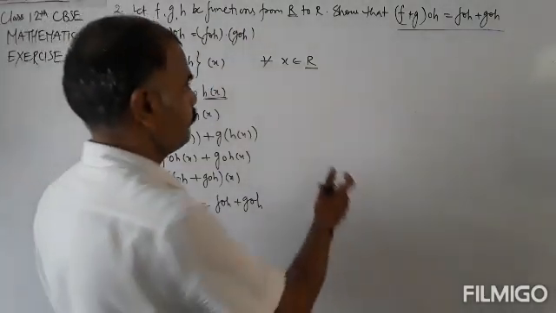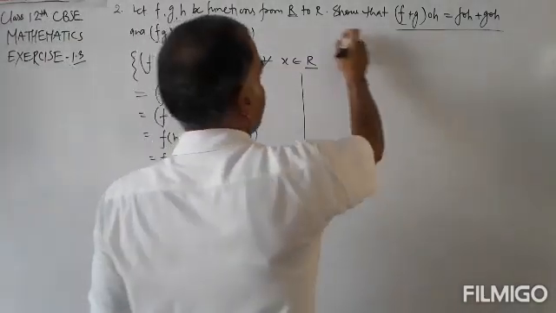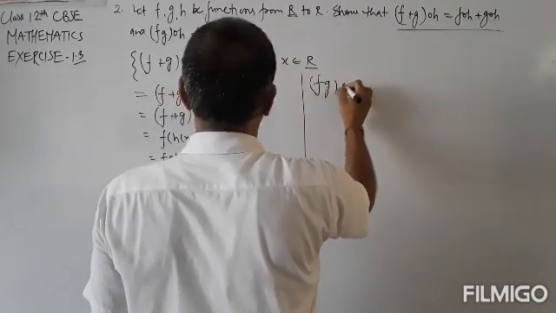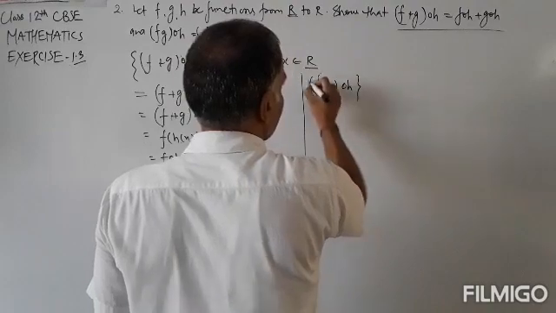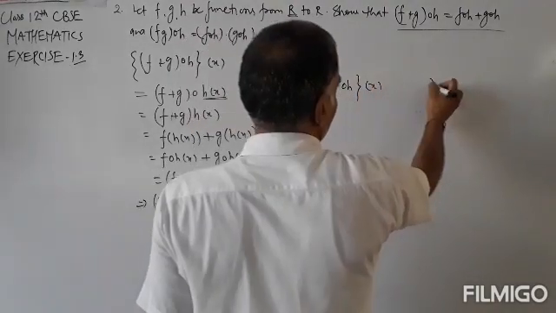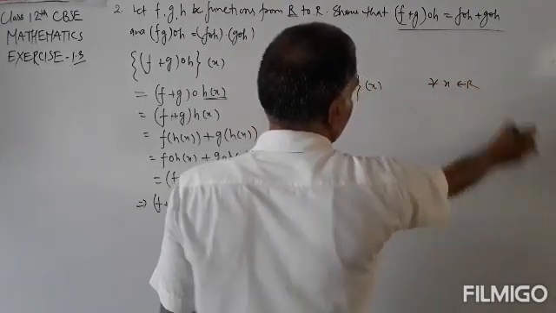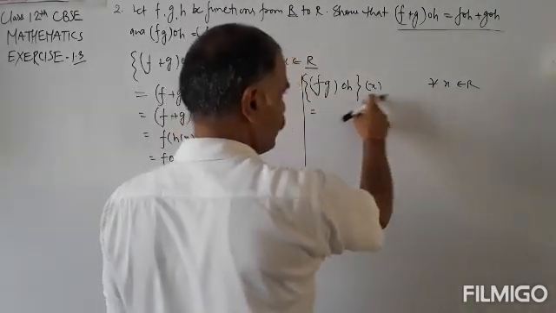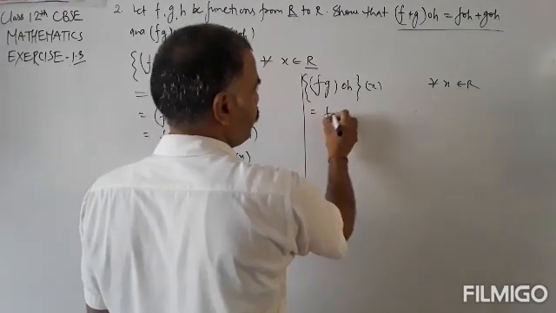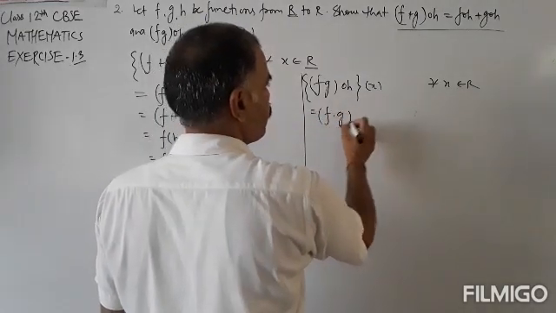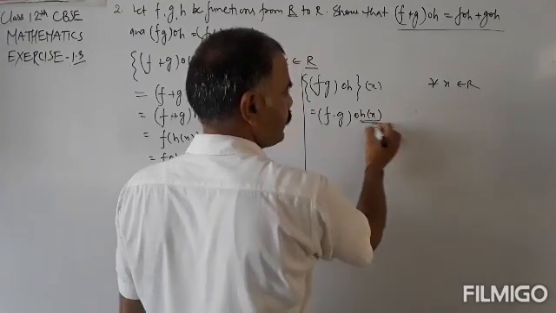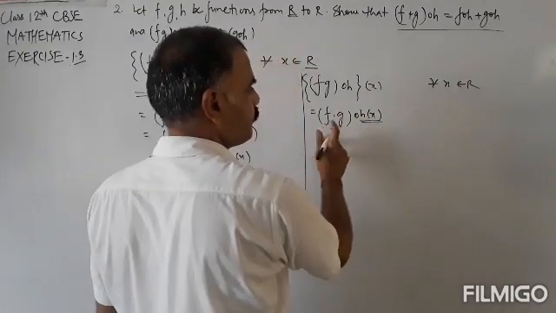Now the second part is (f multiply g) o h, and we take the element x for all x belonging to R. So (f multiply g) of h x, where h x is the element for this function.